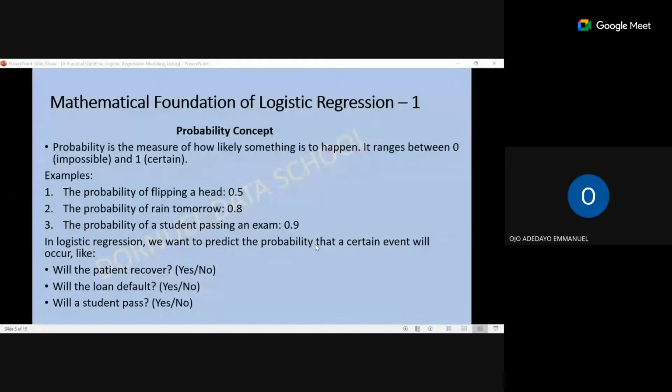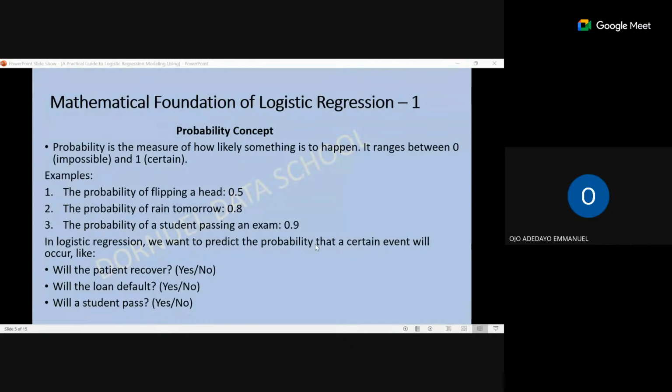We may want to check the probability that the person that borrowed a particular loan is going to return it, or default on the loan. You may also want to check the probability of the event of a student passing or failing. Will a student pass this exam?